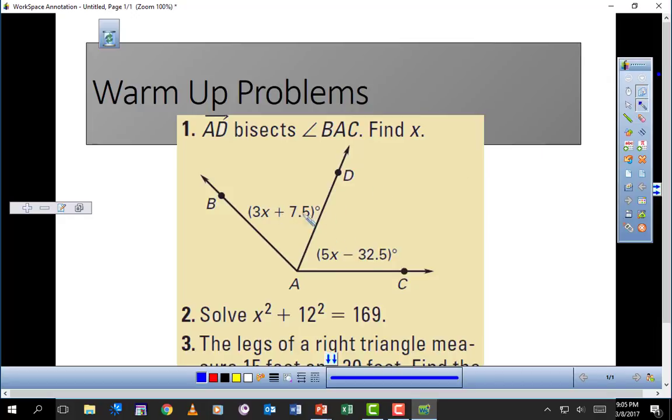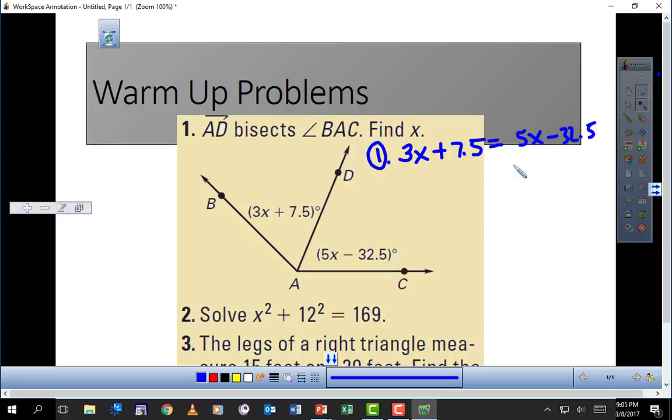These two must be equal. So that sets up this equation: 3x plus 7.5 must equal the measure of this angle over here, 5x minus 32.5. And that's what we're going to be doing on number 1.